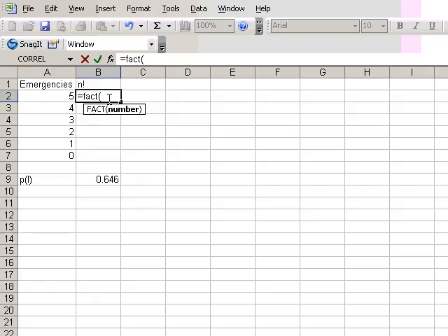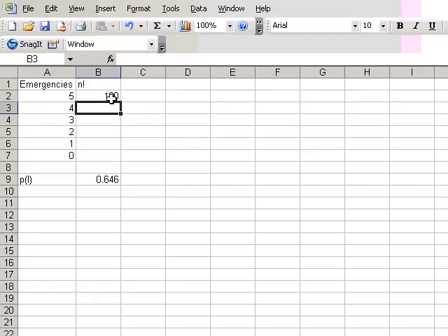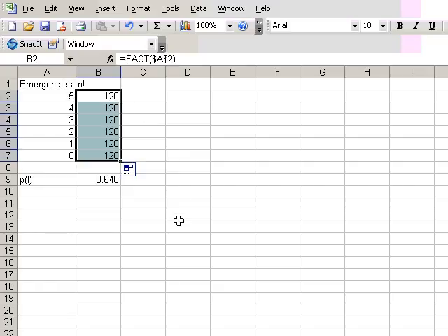That is, it is the number of persons coming to the emergency room at any given time. So I'll click on the 5 and fix that with an F4. So the numerator for each one of these possible results, 5, 4, 3, 2, 1, or 0 emergencies out of 5 visits, is always 120.